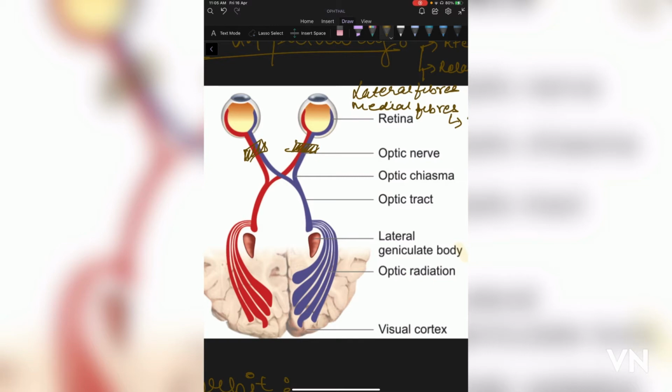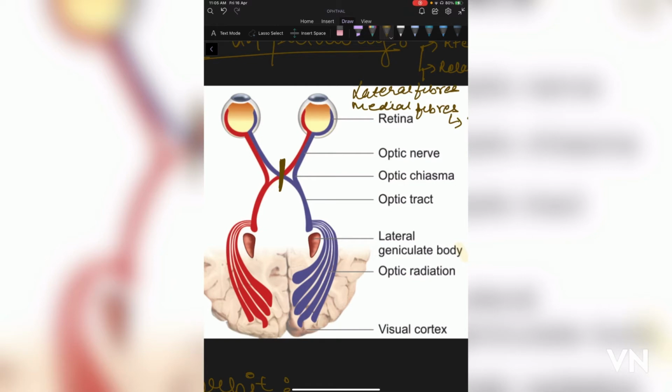But this part is your optic chiasm. That is the one where there is crossing over of fibers. So if there is any lesion at the part of the optic chiasm, if there is any complete transection over here, then there will be hemianopia in both the eyes.